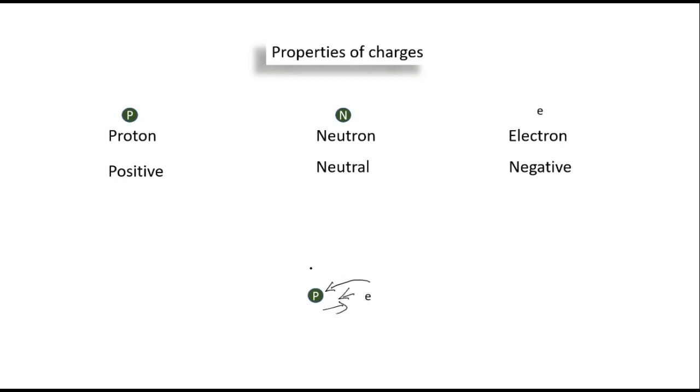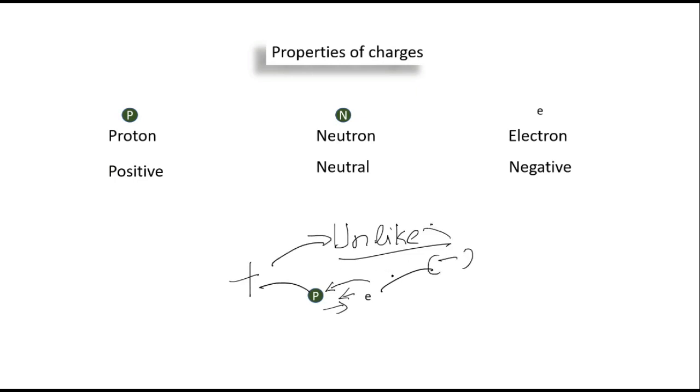They are unlike charges, remember, unlike. And why are they unlike? This is a positive charge, this one is a negative charge, so I refer to them as unlike charges. So when unlike charges are very close to each other, they attract.